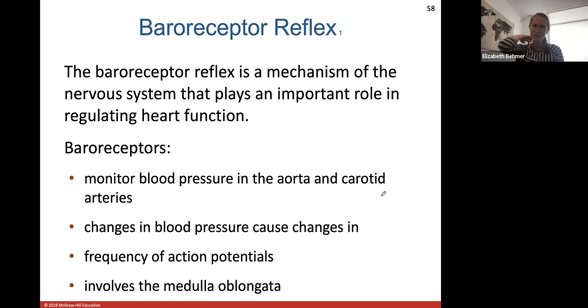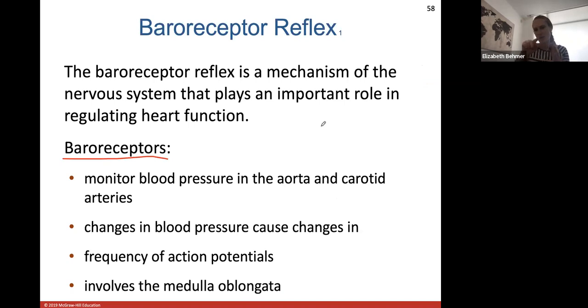And then the baroreceptor reflex is another extrinsic control. It's a mechanism that your nervous system uses to help regulate heart function, and it uses what we call baroreceptors, which help to monitor blood pressure in your aorta and the carotid arteries.